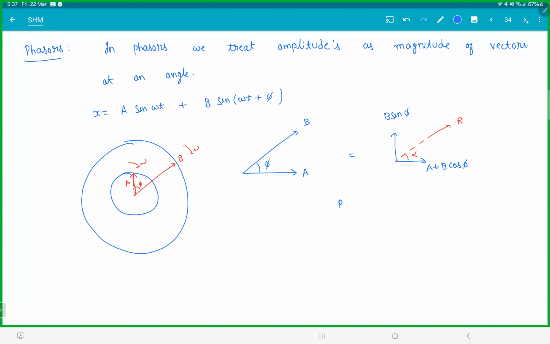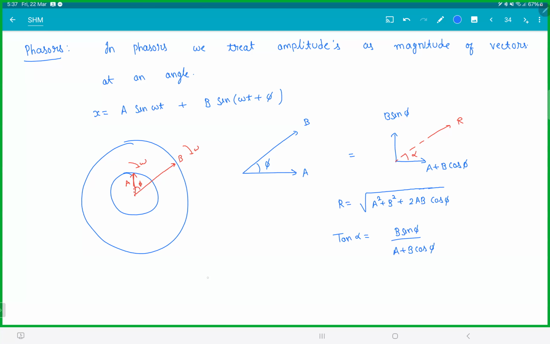So from here we can write R is equal to root over A square plus B square plus 2AB cos phi. And that angle, tan alpha, will be B sin phi over A plus B cos phi. This comes from the parallelogram of vectors, or you can actually square them and add them.